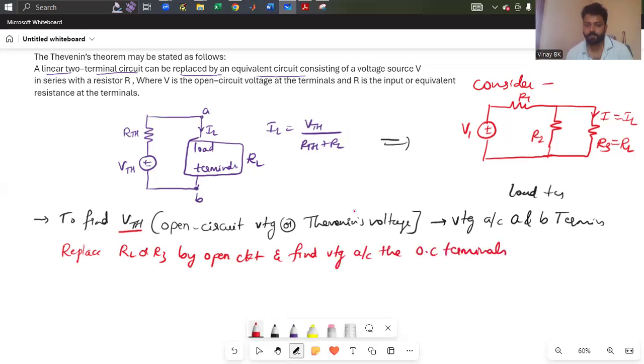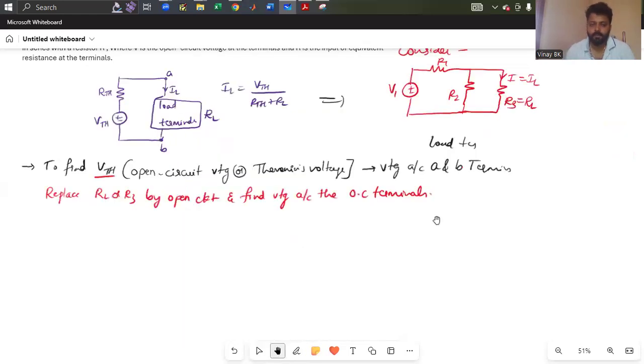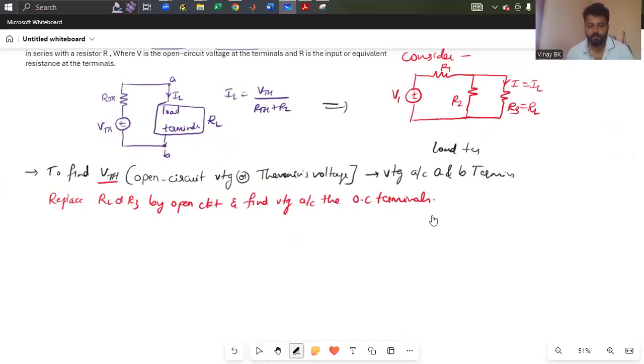So you can observe the circuit now. The circuit will look like this. Considering that circuit, I will redraw the circuit again to find VTH. The V1 as it is. Then there is R1, R2.